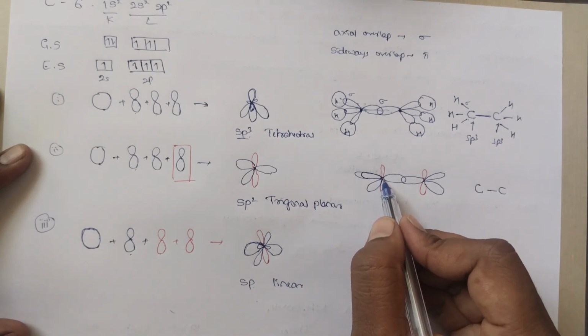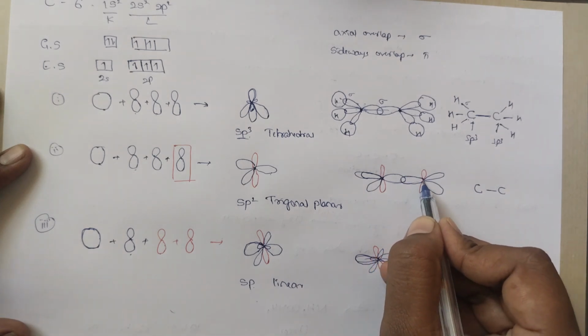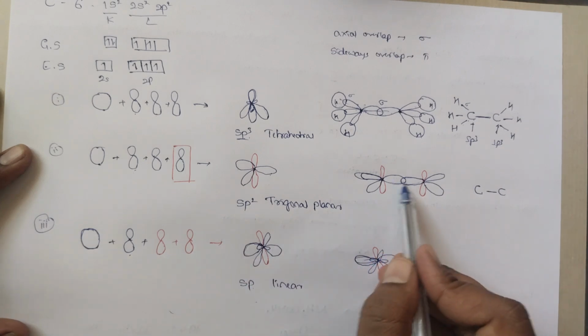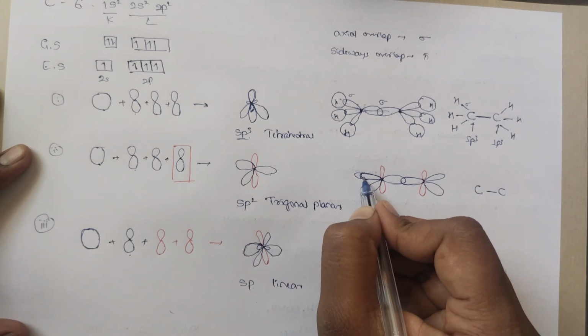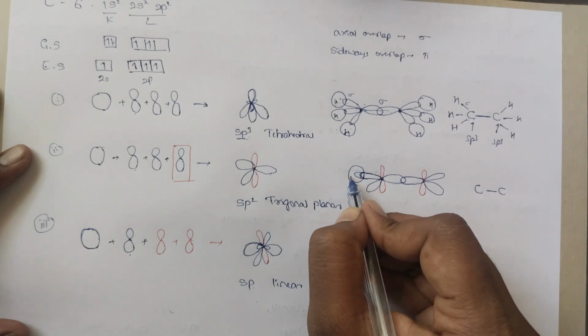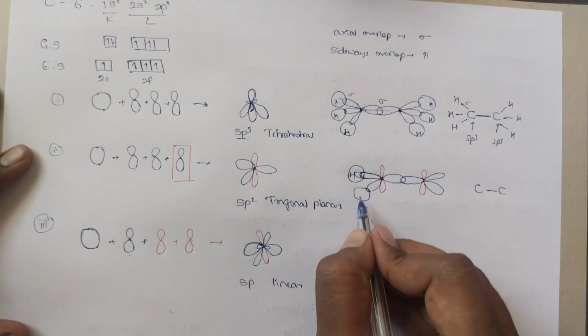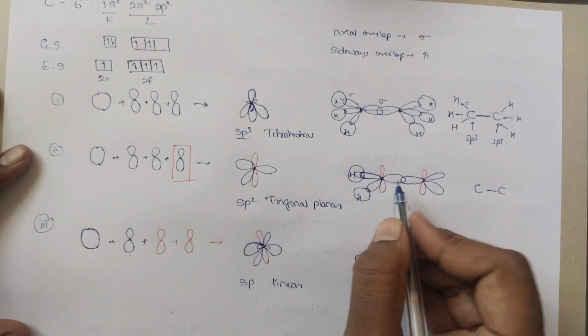See, the sp2 hybridized orbital of this carbon is overlapping axially with the sp2 of this carbon, so that there is a formation of sigma bond. This is axial overlap, so there is a formation of sigma bond. This another sp2 is overlapping axially with the 1s of hydrogen. Here also hydrogen 1s is overlapping with the sp2 of this carbon.